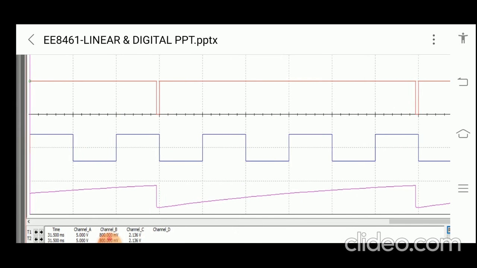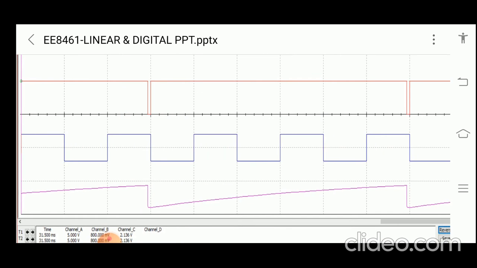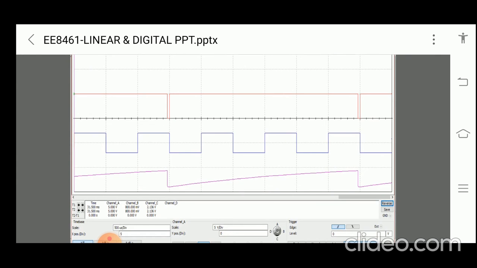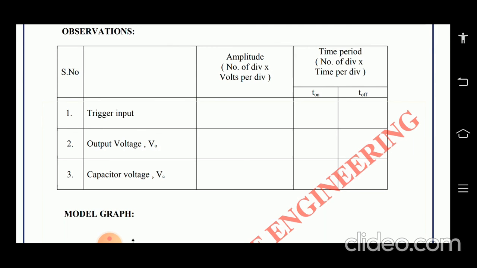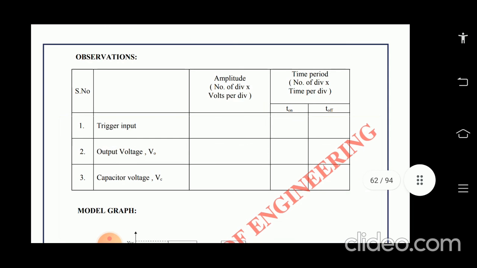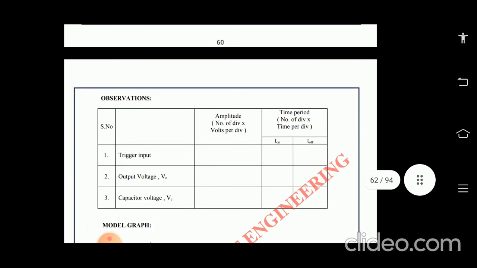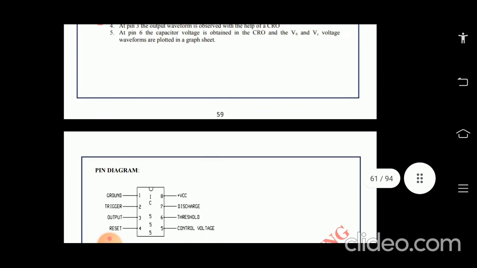From these three graphs we can calculate the amplitude of the trigger input, VO and VC, and also the time period, and note the values in the tabular column. This is what we want to do in this monostable multivibrator experiment.